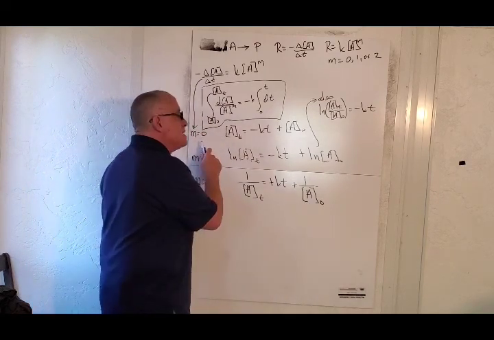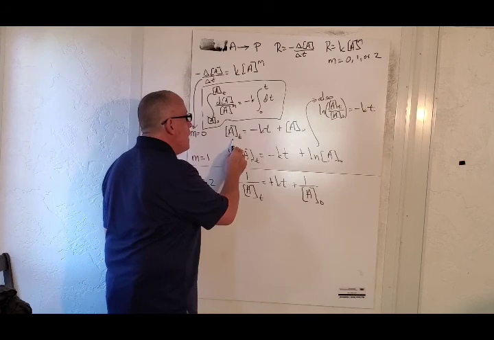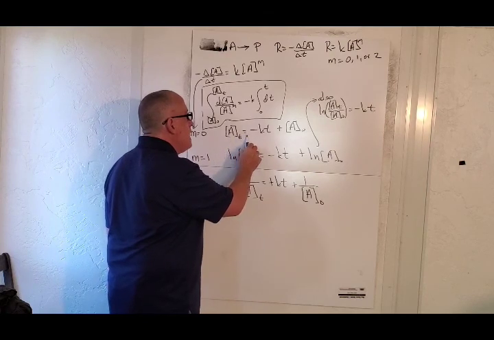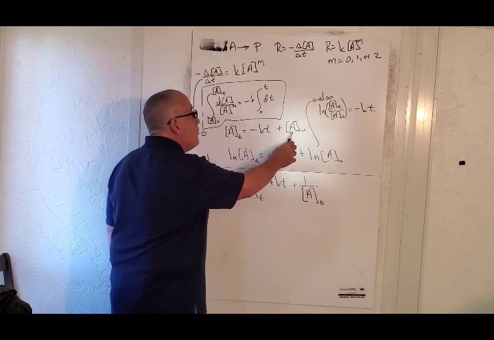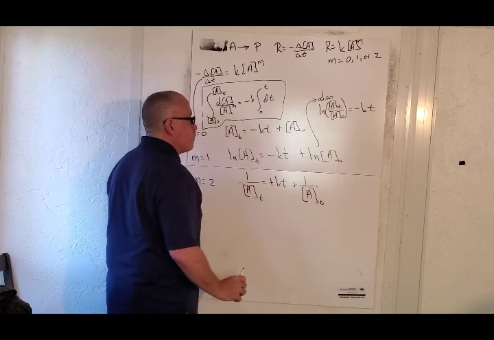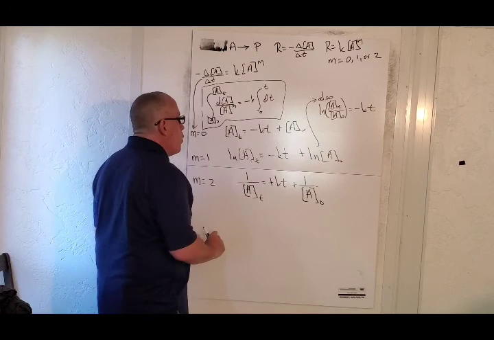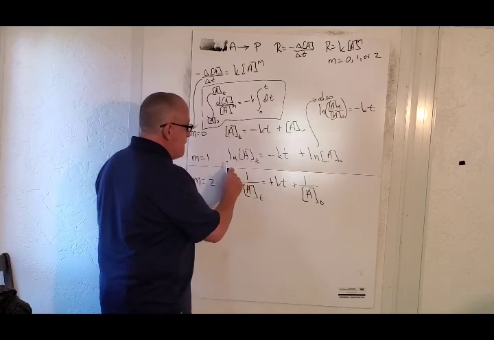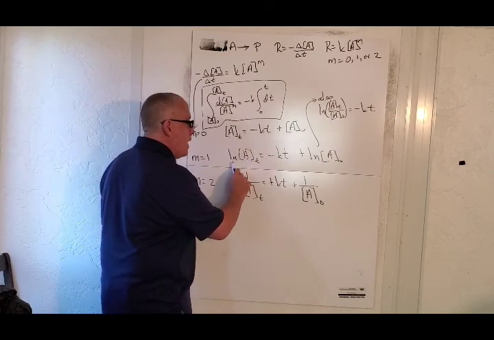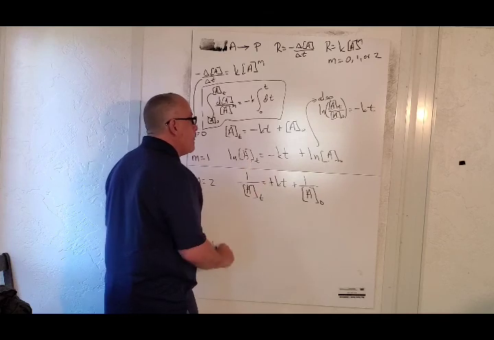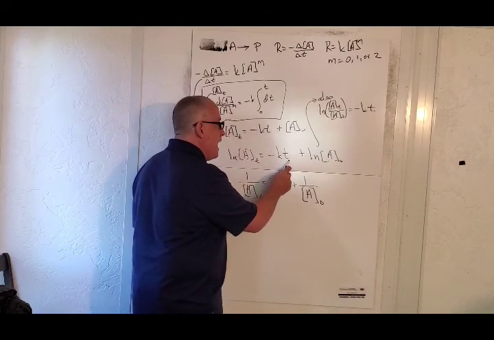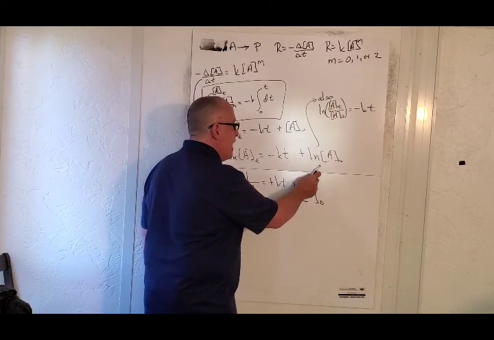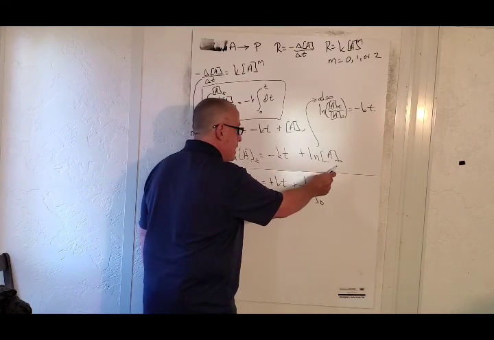If M happens to be 0, then the concentration at any point in time is equal to minus K times time, where K is the rate constant, plus the initial concentration. If M is equal to 1, then the natural log of the concentration at any point in time is equal to minus K, the rate constant, times the time, plus the natural log of the starting concentration.